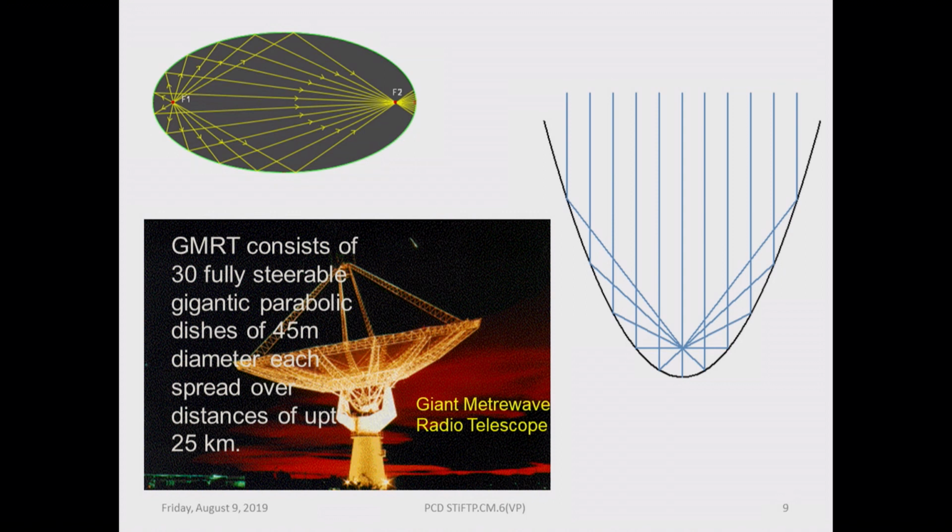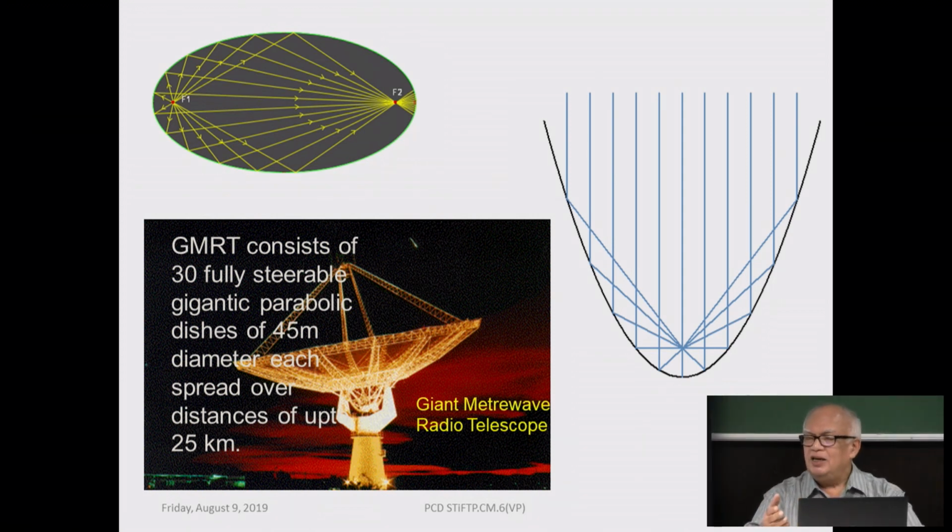It will always go through any point, wherever it hits, it will go through the other focus. Here is a picture of the Giant Metrewave Radio Telescope which we have near Pune, and this also has these parabolic reflectors.